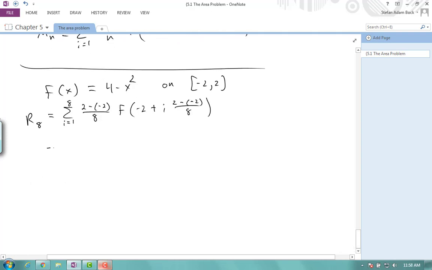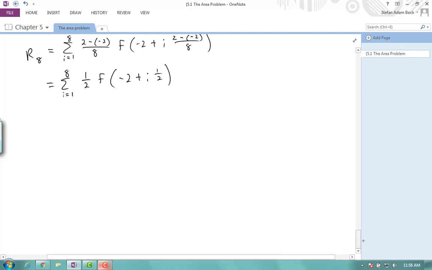That's just plugging in my numbers. There's 1 up to 8. 2 minus negative 2, that's 4. Divided by 8 is 1/2. And sure enough, if we go back and check the picture, if I have this interval from negative 2 to 2, and I cut it up into 8 parts, each part will have a width of 1/2 times f of negative 2 plus I times 1/2.